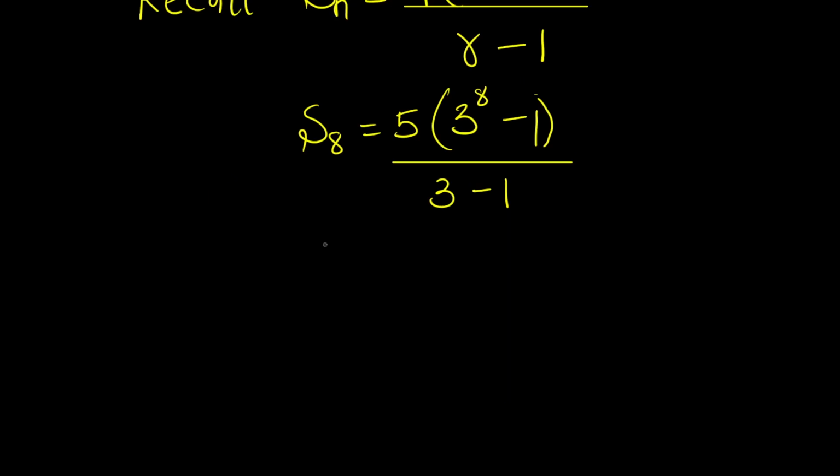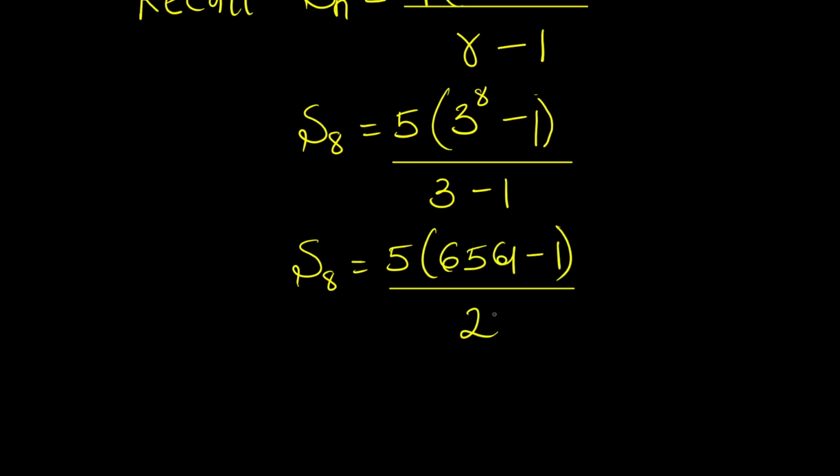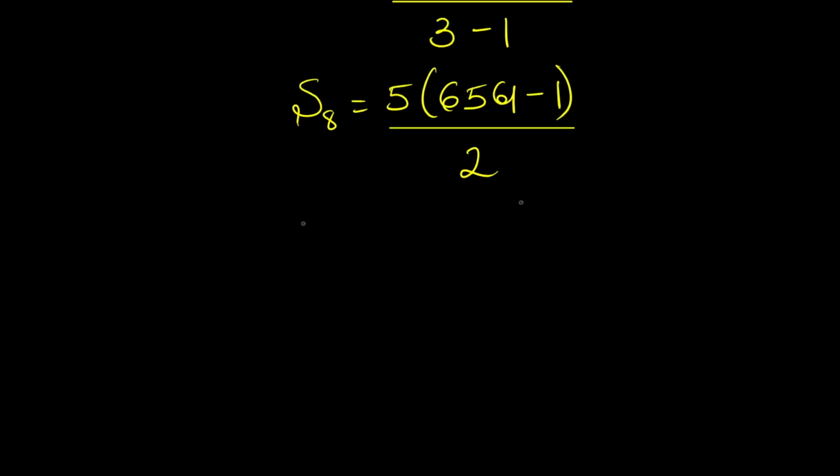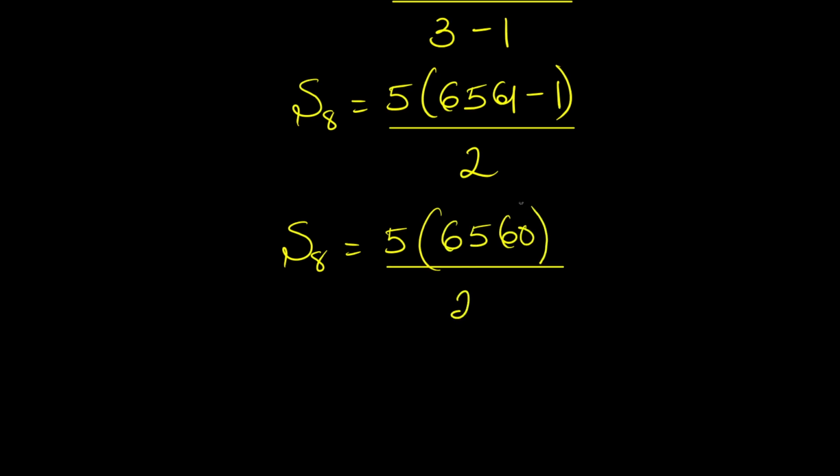Hence, we are going to have that our sum will be equal to 5 times 3 raised to the power of 8, which is 6,561, minus 1 over 2. Proceeding further, we are going to have that our sum will be equal to 5 times, 6,561 minus 1 will yield 6,560, divided by 2.